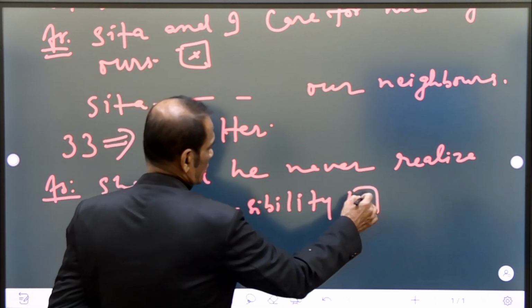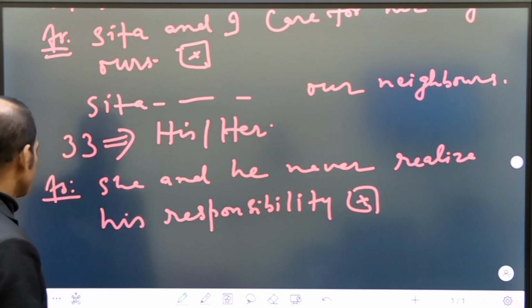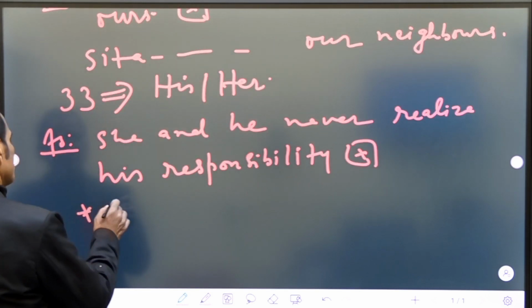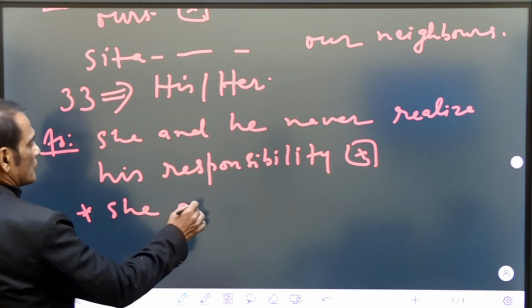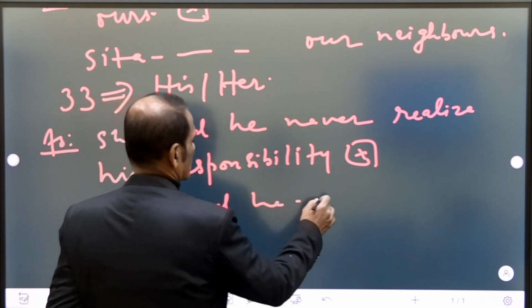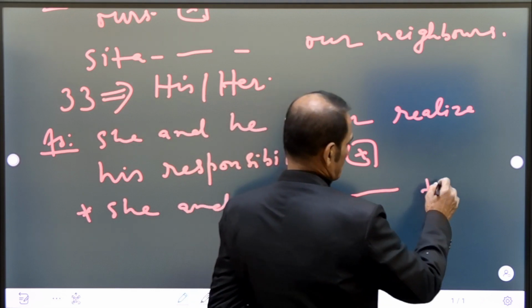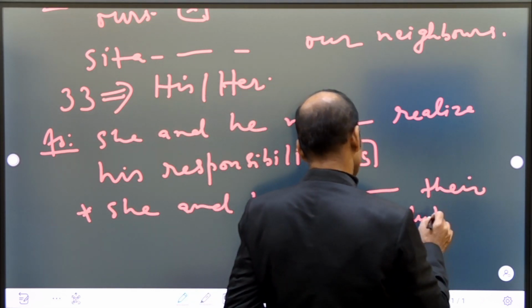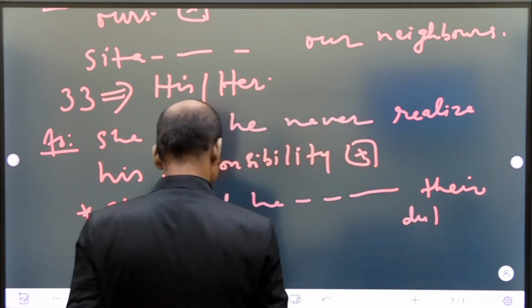This one is incorrect. So what should be here? She and he never realized their responsibility.